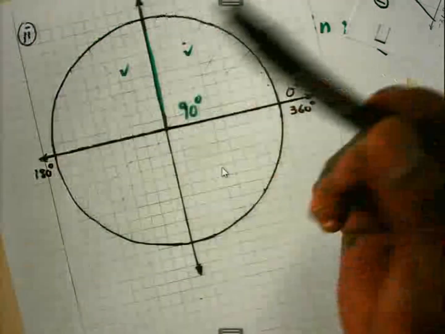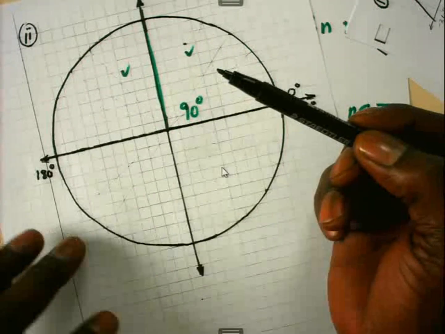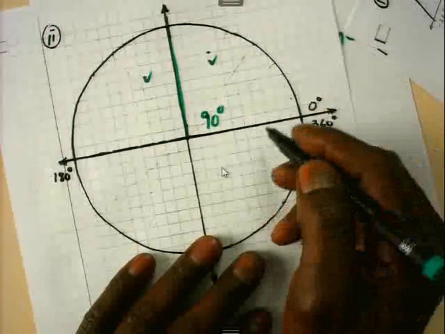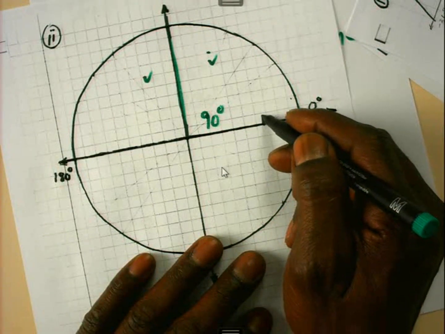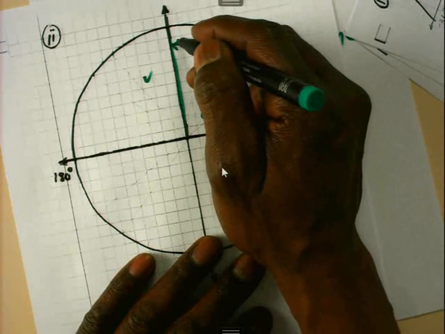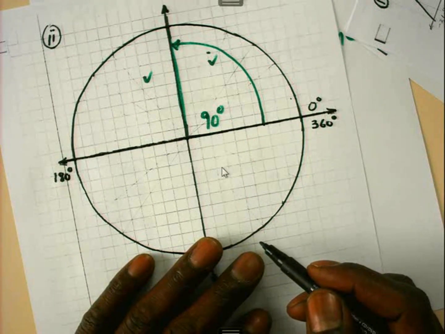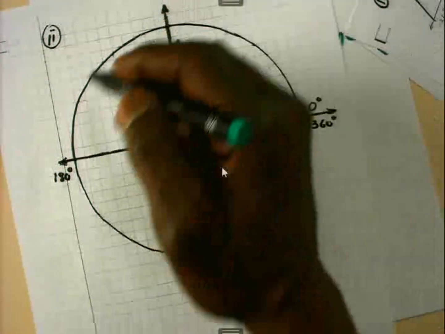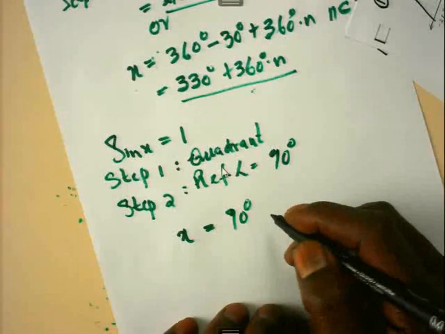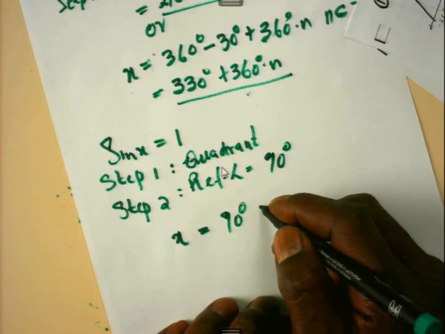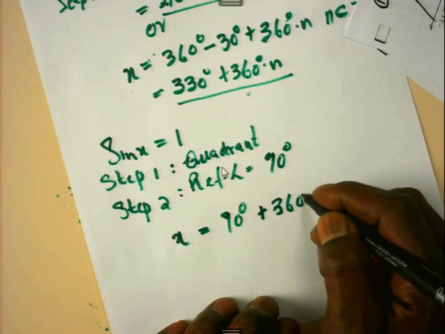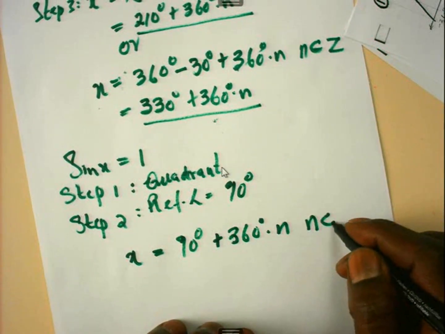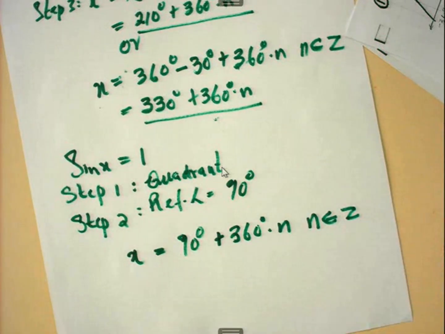So putting one line will suffice. Now, the solution for that will be, we start from the positive x-axis up until we touch this arm. That will be the solution, but we can go for any number of revolutions. So the solution will be x is equal to 90 degrees plus 360 degrees times n. We don't have to forget that n must be an element of integers.